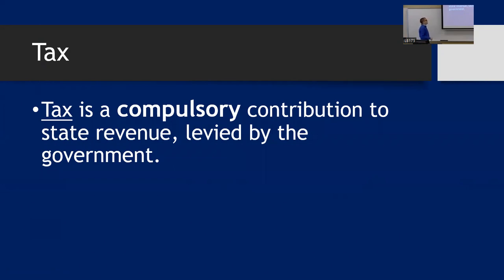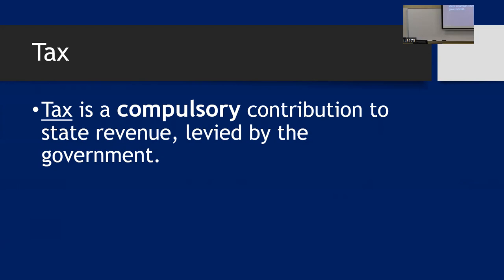All right. So let's start with what a tax is. Key thing about a tax is it's compulsory. It's not optional, right? You have to do it. You have to pay taxes or else you get, well, eventually thrown into prison, right? By some government. But the tax is a compulsory contribution to state revenue levied by the government. Now, a lot of times because we live in the United States, we think of just the word state as the 50 states.